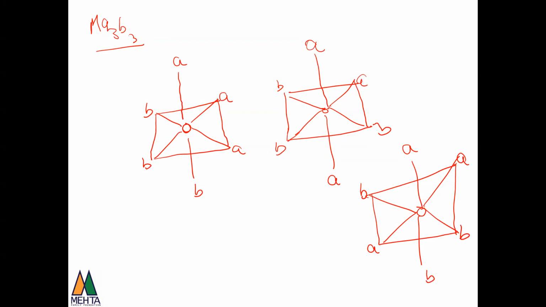So you can see here, if I match these three A, this A and this A, so one triangle is forming here, and similarly, if I join the 3B, one triangle is forming here. So this type of structure will be called facial isomer.